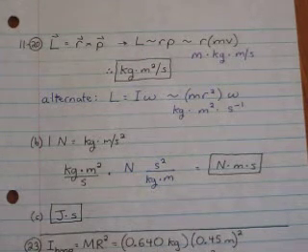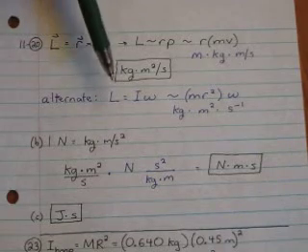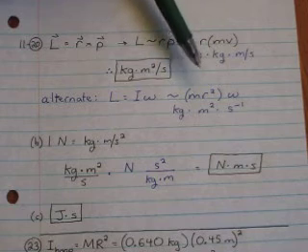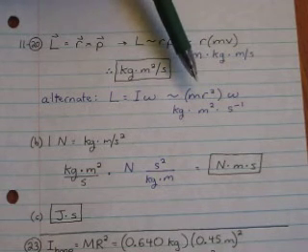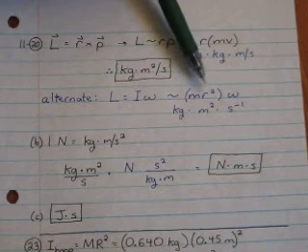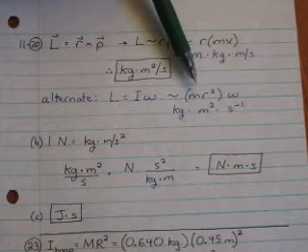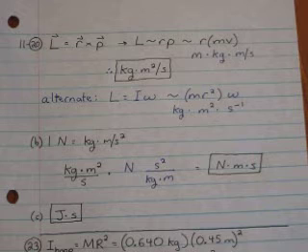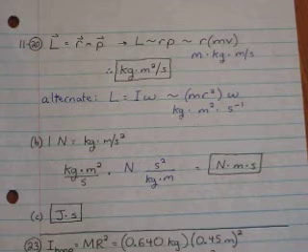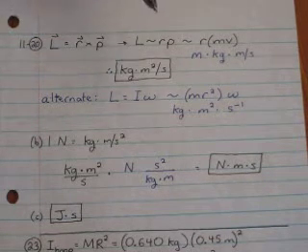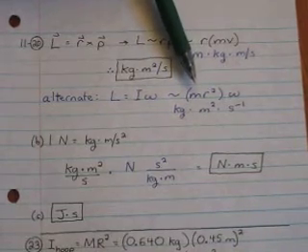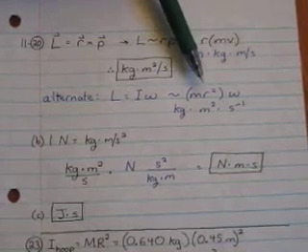Another one we could have done is use the equation L equals I omega. We know that I, when we first defined it and came up with rotational inertia, is mr squared. And even if you don't think back to when we first defined it, if you just look up in the chart where there's the sphere and the rod and all those things, it always is some coefficient times, dimensionally, a mass times a distance squared.